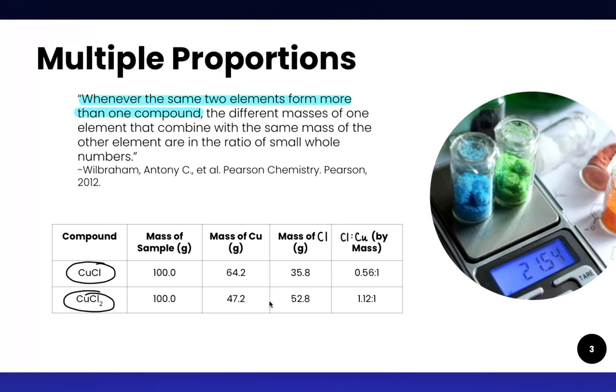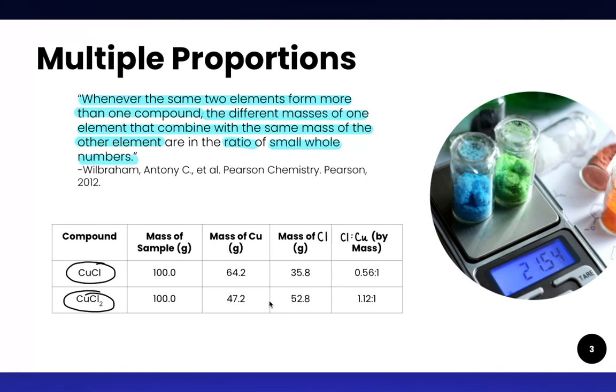Okay, so then it says, the different masses of one element that combine with the same mass of the other element. So that's saying if you had a set amount of copper, when you compare the masses of chlorine, the ratio between the 2 chlorine masses will be small whole number ratios.